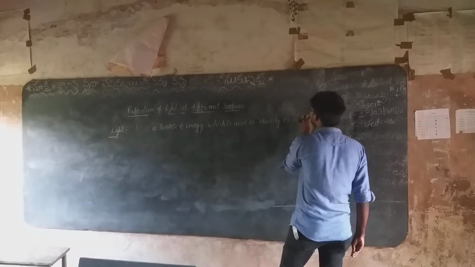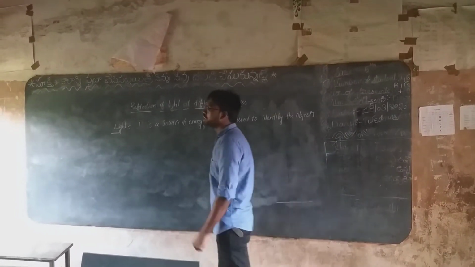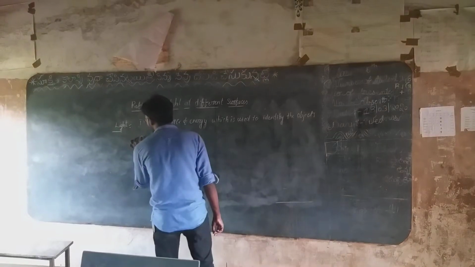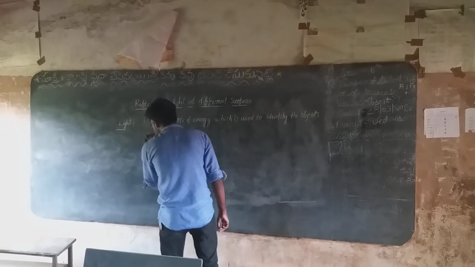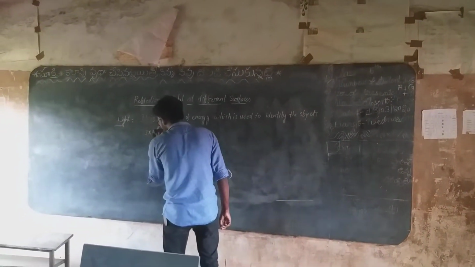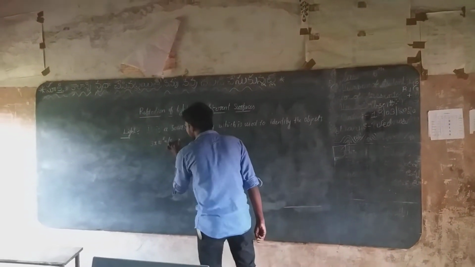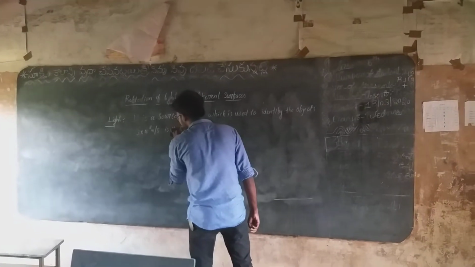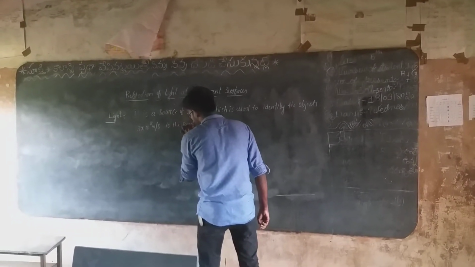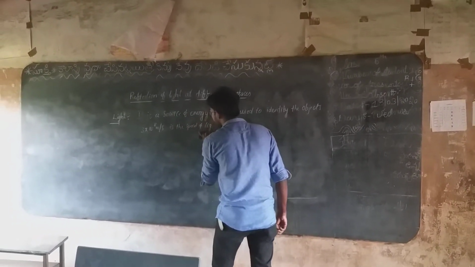Now, what is the speed of light? You already know the speed of light is 3 into 10 power 8 meters per second.